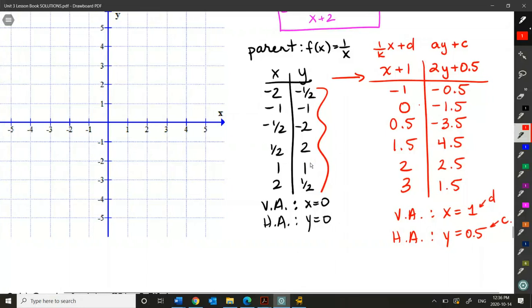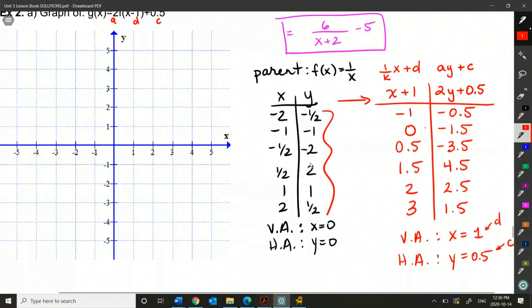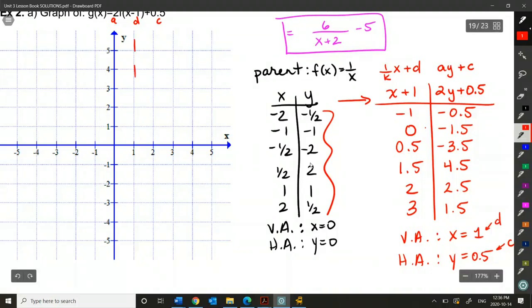We switch it here to the vertical asymptote, right? It's -1 in the equation. Yes, but your D value is +1, right? Yeah, so it's just written -1. Right. Yep. So first things first, guys, I'm going to just indicate my horizontal and vertical asymptotes with a dotted line, and I'm going to label them. So 1 and 0.5.